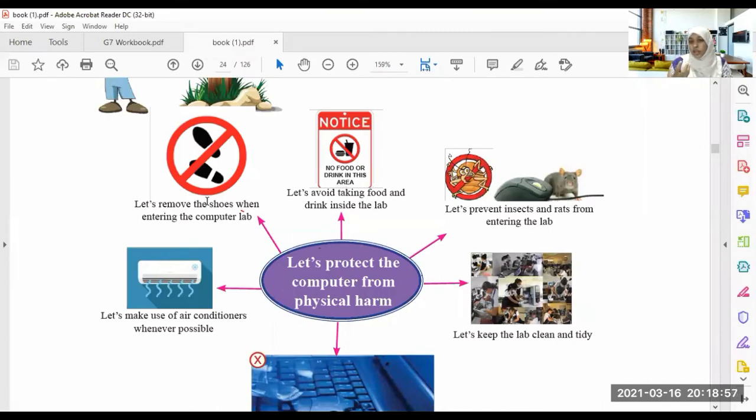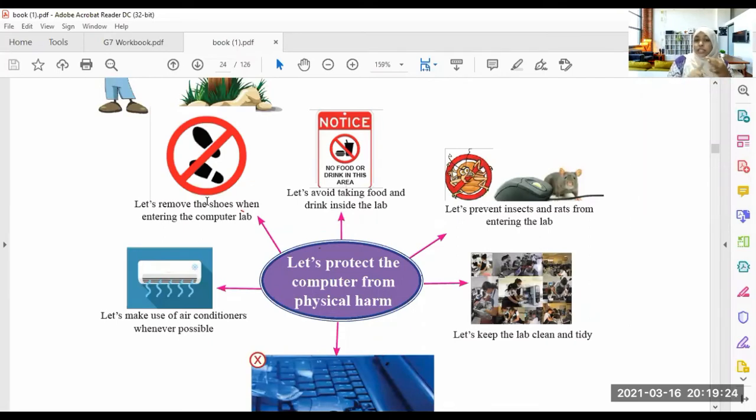Because your shoes have already gathered dust or mud. If you come to the computer lab wearing the shoes, then the computer lab can be gathered with dust and all these things. So it is better to remove your shoes outside the computer laboratory and enter the lab.